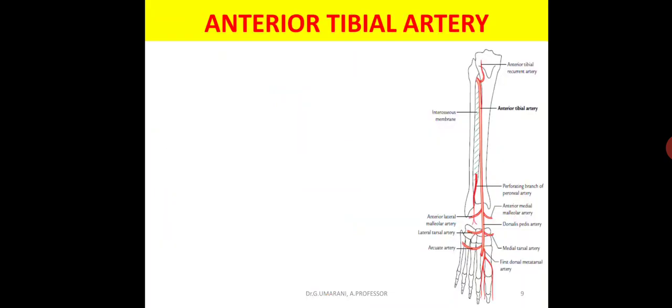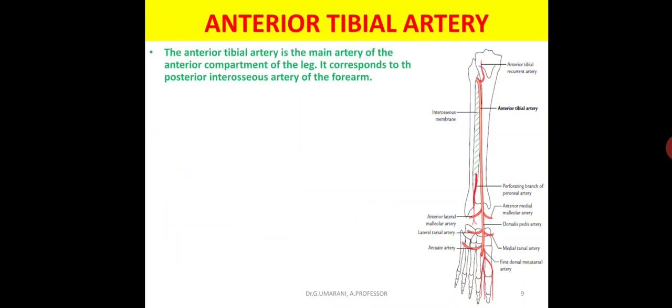Then the popliteal artery ends by dividing into the anterior tibial and posterior tibial arteries. So we'll see the anterior tibial artery. It is the main artery of the anterior compartment of the leg, and it corresponds to the posterior interosseous artery of the forearm.